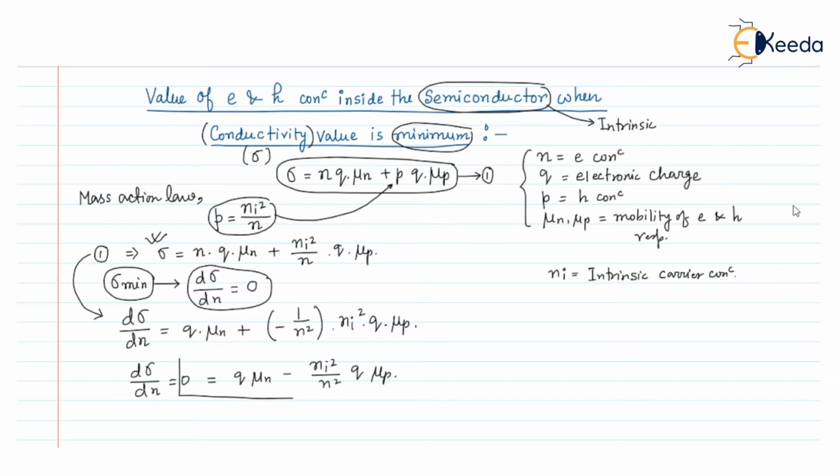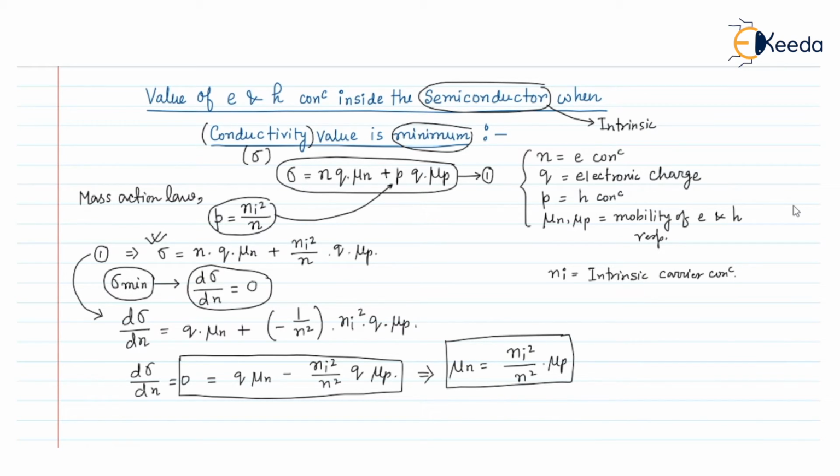So from this equation we can find the value like this. If we want to find mu n, then mu n can be written as ni square divided by n square into mu p. So this is the mobility of the electrons when the conductivity value is minimum.